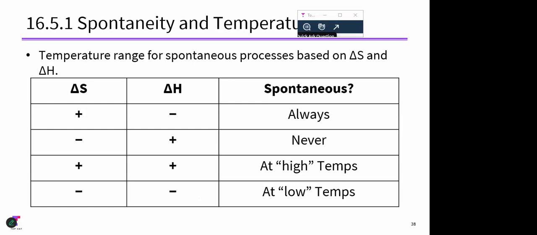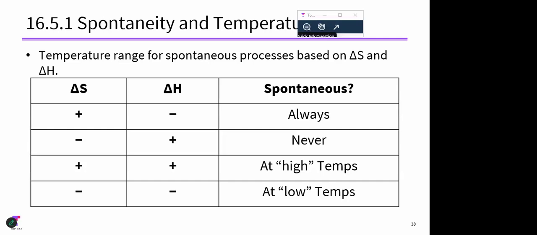And so we can construct charts like this, where we actively compare the sign of the entropy and the sign of the enthalpy and make a determination over whether the reaction is spontaneous or not.